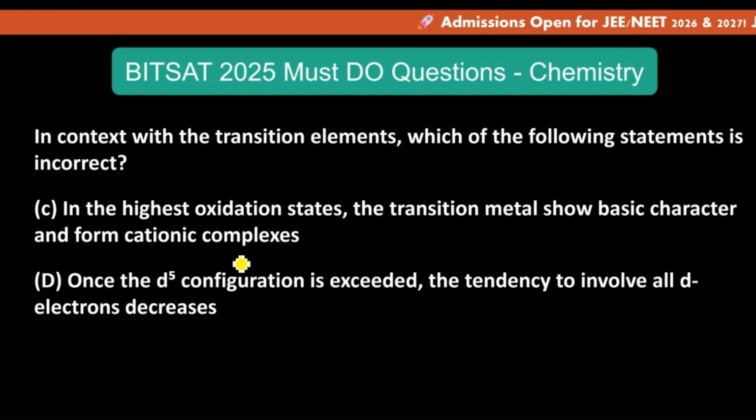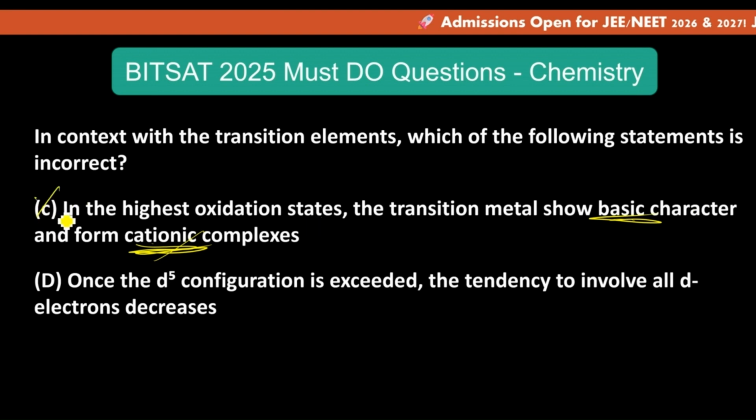Then option C, in the highest oxidation state, the transition metals show basic character and form a cationic complex. It is showing an acidic character, not a basic character first of all. They are forming an anionic complex, right? Manganate, permanganate or dichromate. So they are forming an anionic complex, not cationic, and they are showing an acidic character.